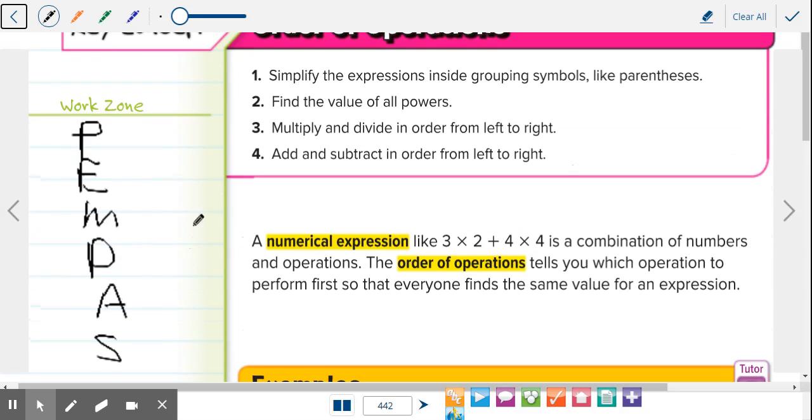Now, I hate this. I don't like it because it confuses people. Okay, order of operations is perfect because you have to follow the steps. So you basically start at the top. So parentheses, okay? If you see parentheses in your expression, you always start there. All right, if there's no parentheses, we go down to our next step.